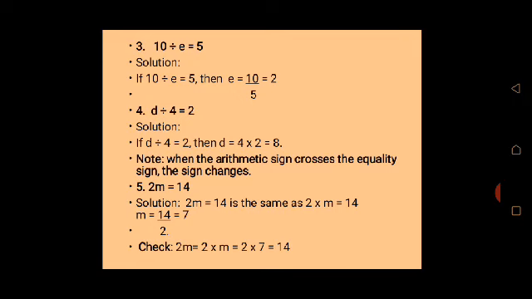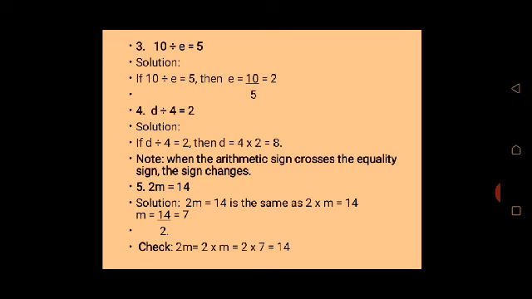Following our multiplication timetable, the number that you multiply 5 with is 2. So 5 times 2 is 10. So the value of e is 2, because if you divide 10 by 5, it will give you 2.